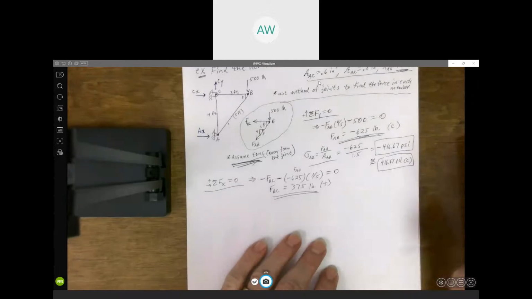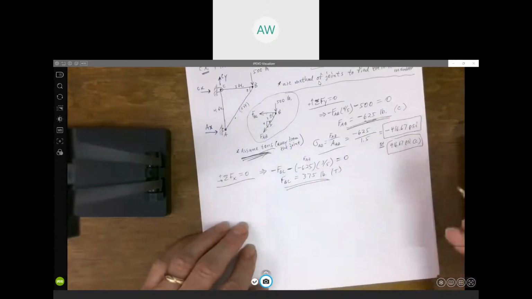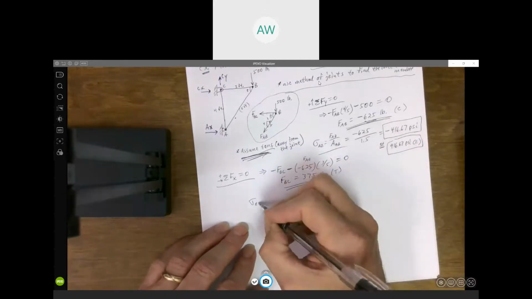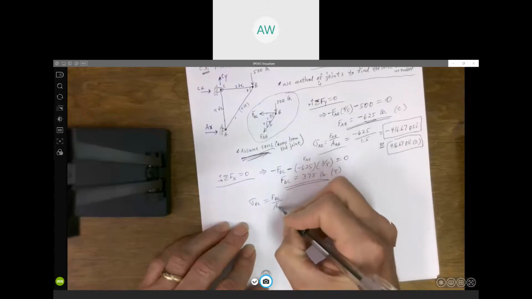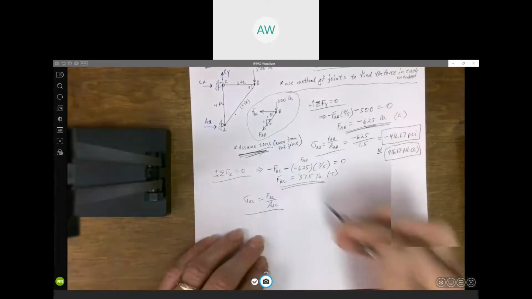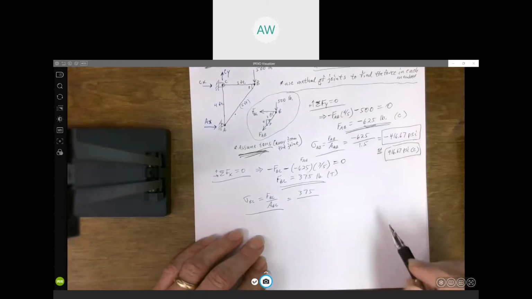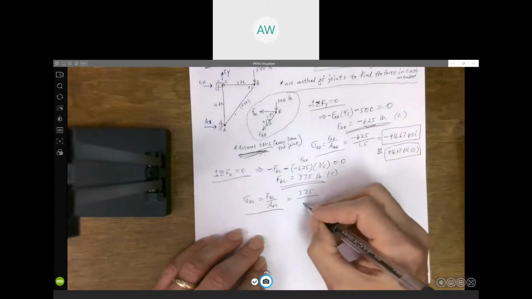To get the stress, we just take this force and divide by the cross-sectional area. The stress in BC is force BC divided by the cross-sectional area. We take our 375 pounds, and the cross-sectional area of BC was 0.8.